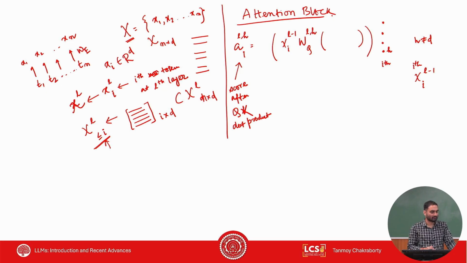I number of keys, right? And this matrix will be used here, of course, for L minus 1th layer. So x^(L-1) for j less than or equal to I is the input for calculating the key, and I should also have a key matrix, right, for L, H. Okay.